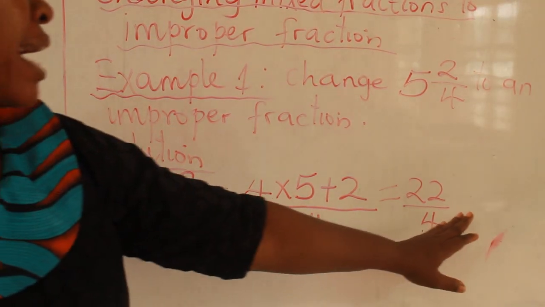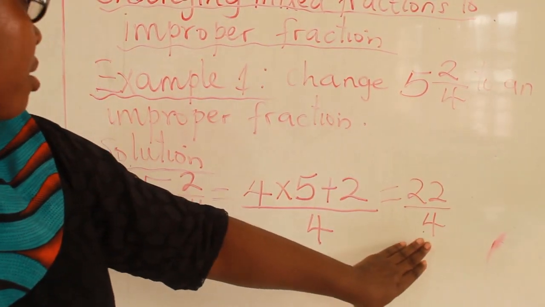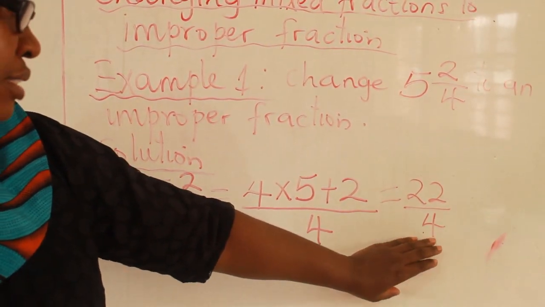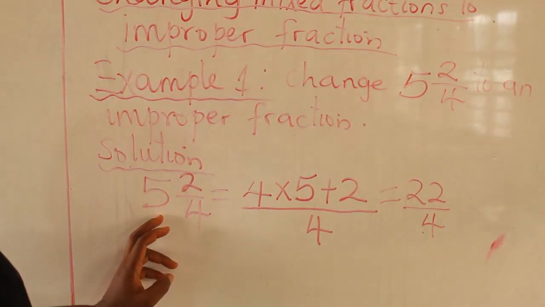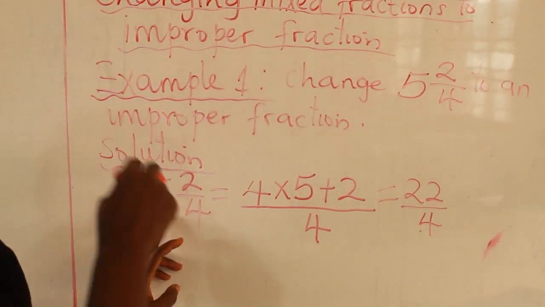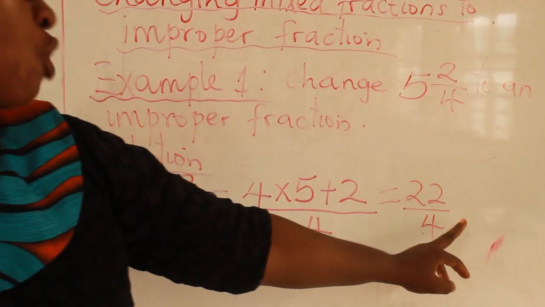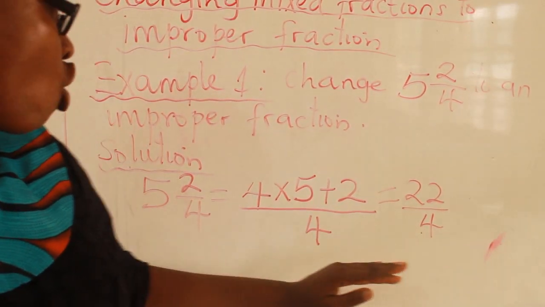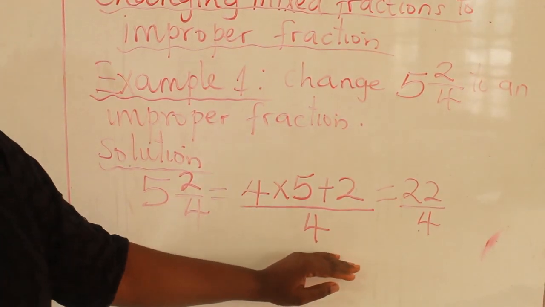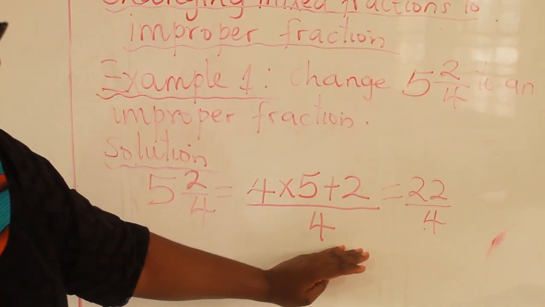We've been able to arrive at our improper fraction. So this is the answer to changing from mixed fraction of 5 and 2 over 4 to an improper fraction. I hope you followed the steps that I explained.